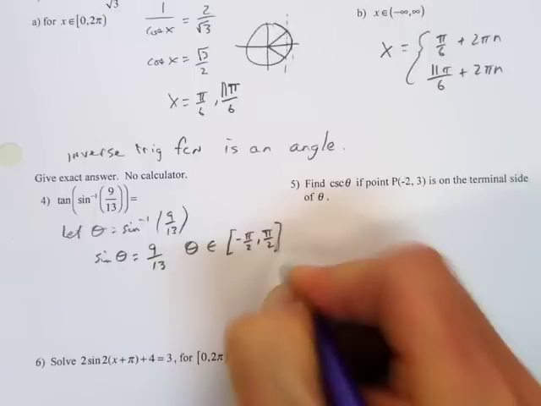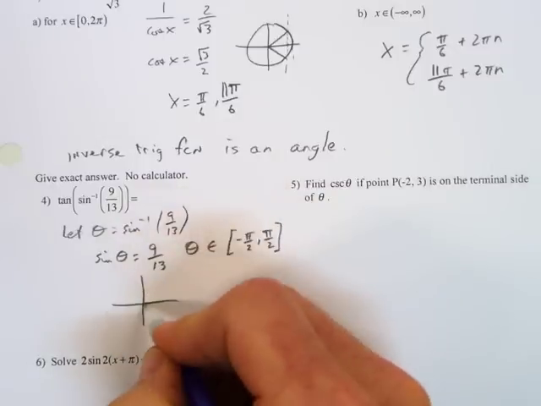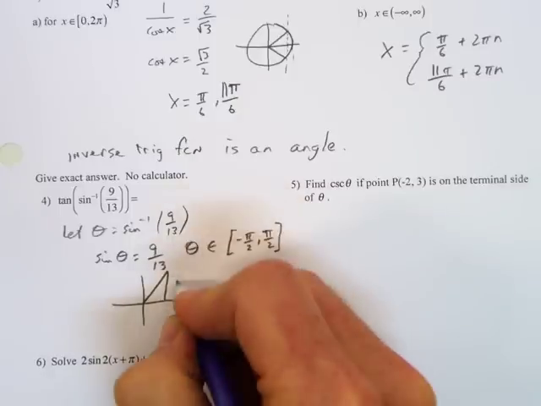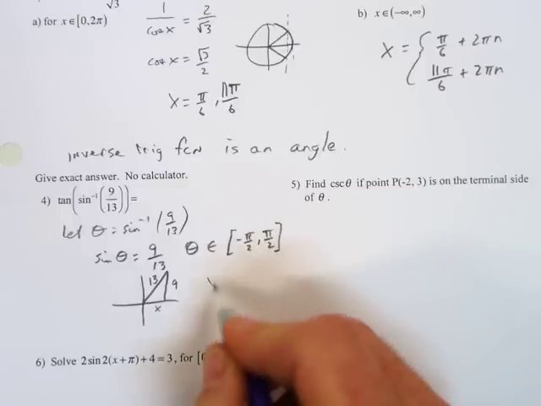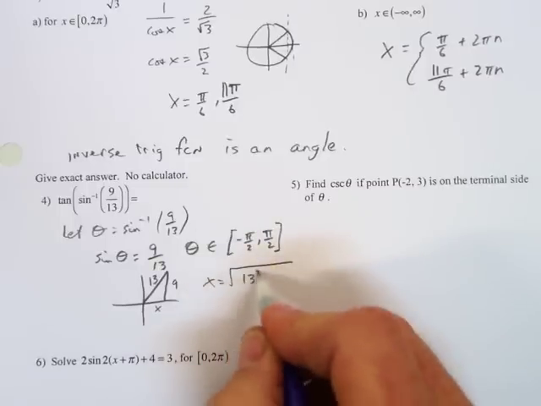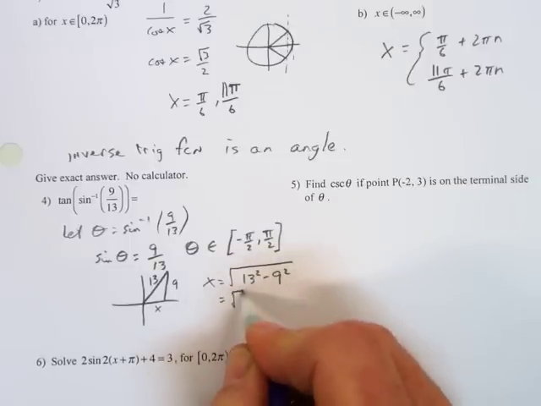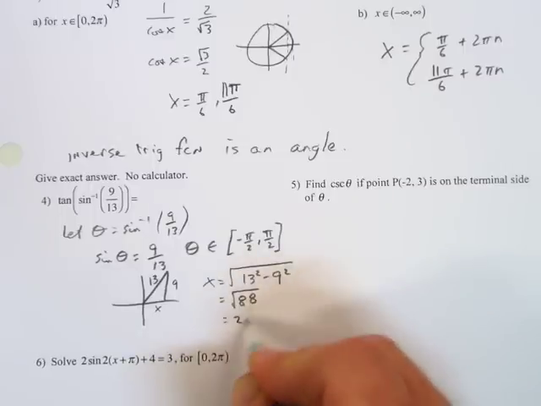So when we're looking at this, we'll draw a quadrant. We're in the first quadrant. Since it's positive, it's opposite over hypotenuse. We need to find out what x is. X will be the square root of 13 squared minus 9 squared. That would be 169 minus 81, which will give us 88, or in other words, 2 root 22.